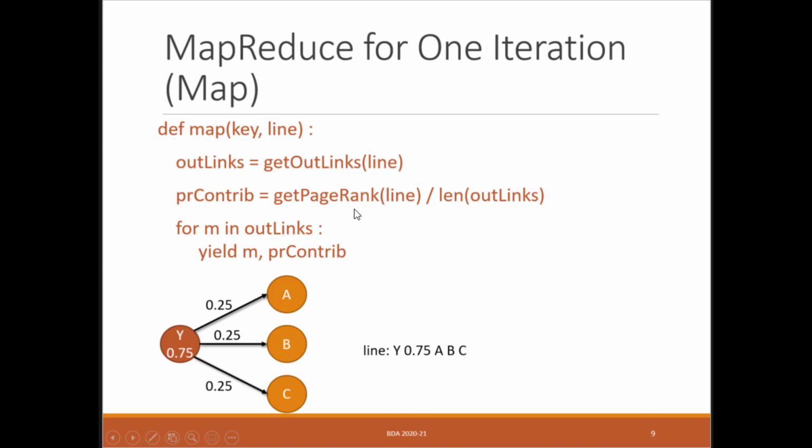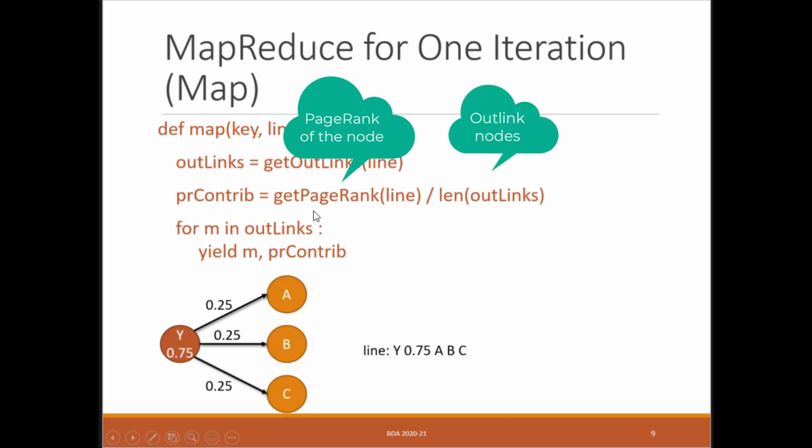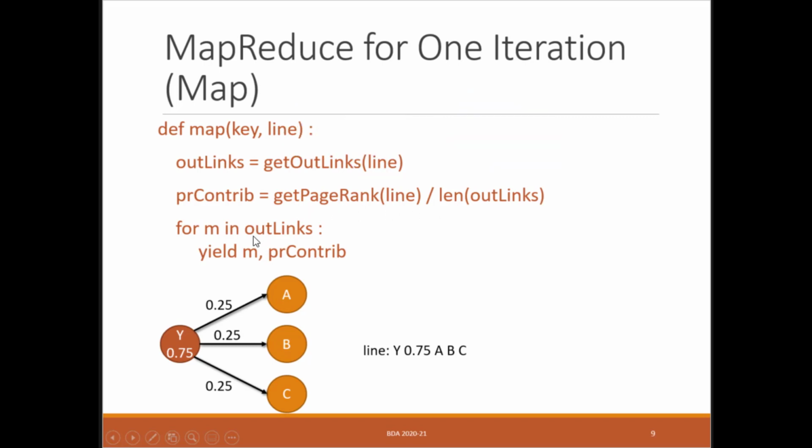The contribution is obtained by equally dividing the PageRank of a node among all its outlink nodes.